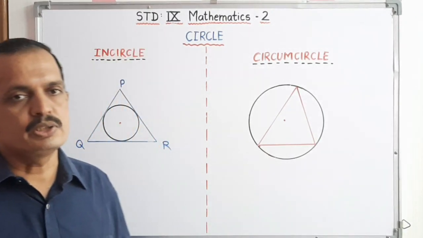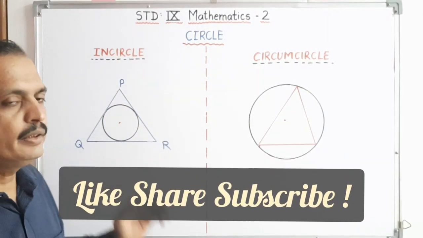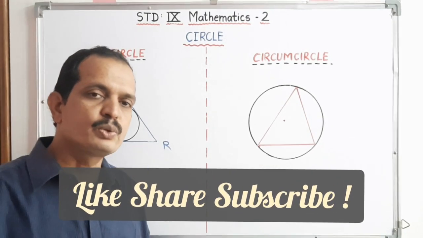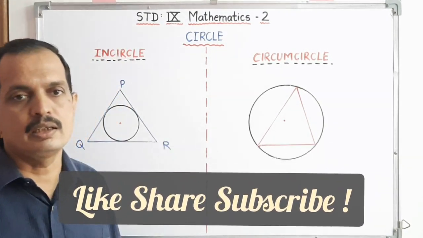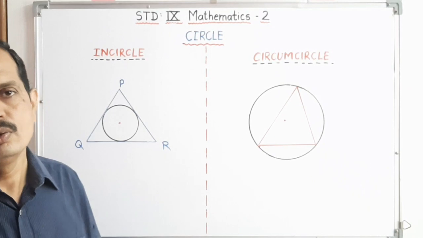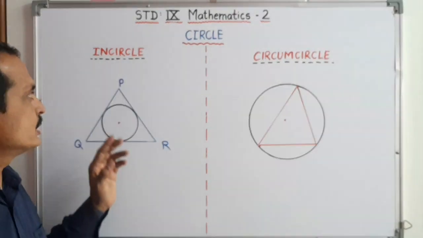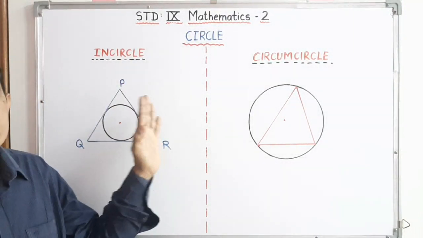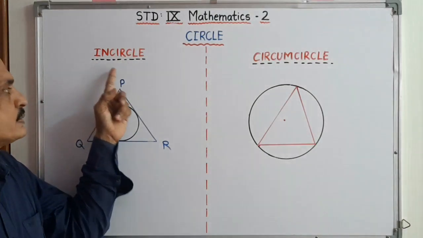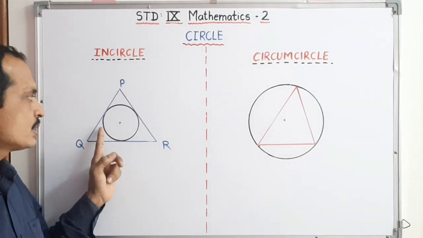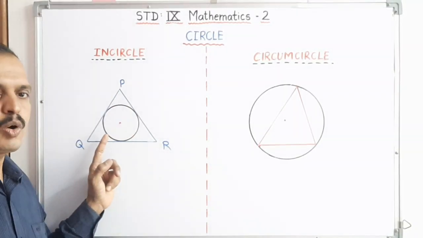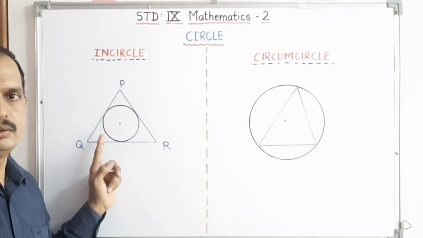Before going to construct the circumcircle and incircle, you must know what an incircle is and what a circumcircle is. For that purpose, see dear student, I have drawn here two figures. In this figure, the circle touches all the sides of a triangle.